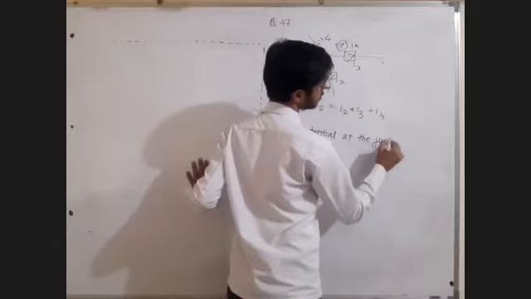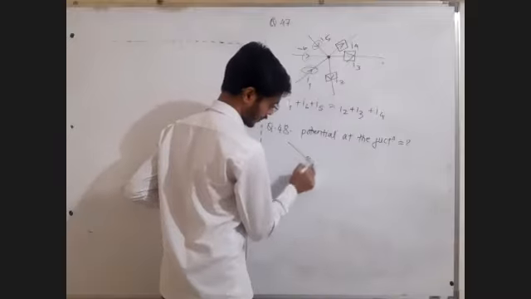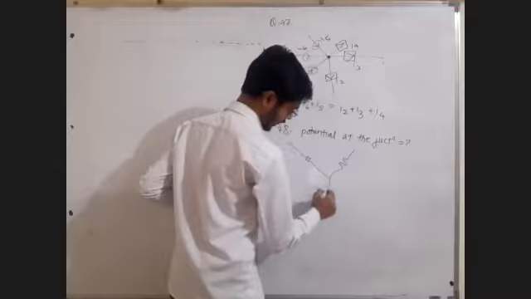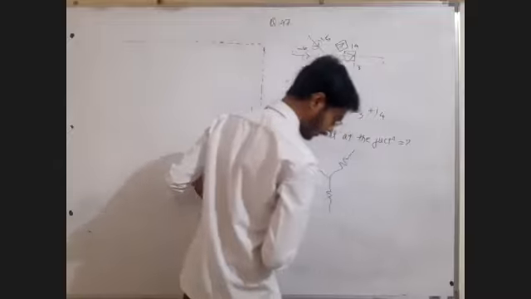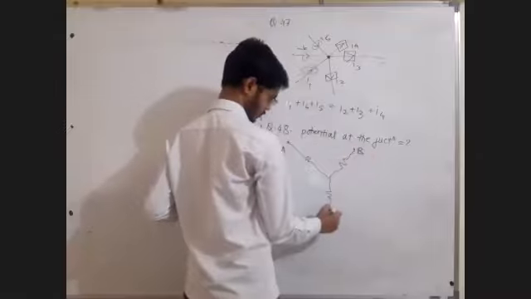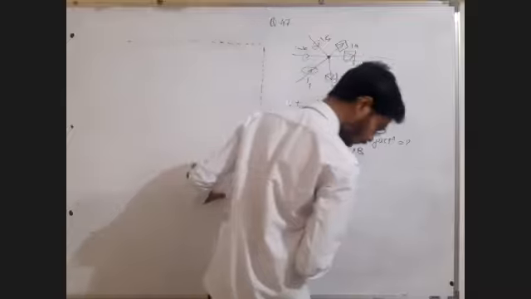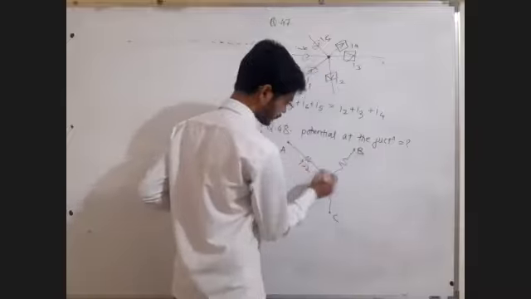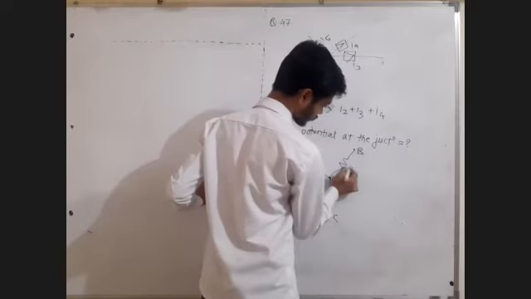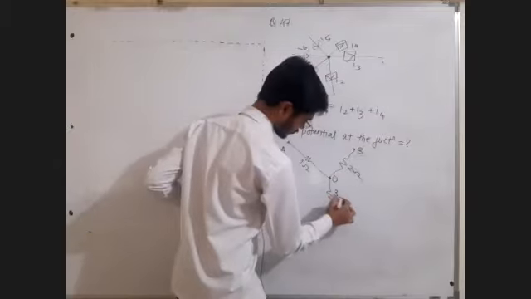Potential at the junction is equal to question mark. Here you have the first resistance, here you have the second resistance, here you have the third resistance. Point A, point B, point C, point O. 1 ohm resistance, 2 ohm resistance and 3 ohm resistance.